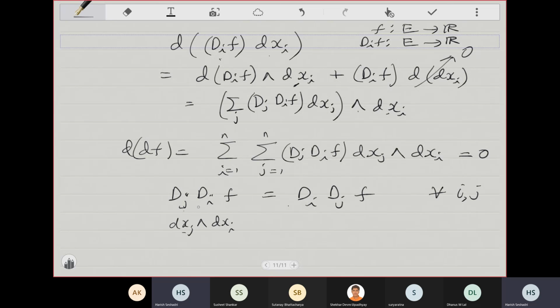It will be the coefficient function for this particular thing. This will be the coefficient function for dx_i wedge dx_j. But we know that dx_i wedge dx_j is the same thing as minus dx_j wedge dx_i.